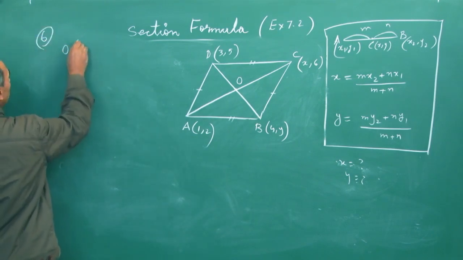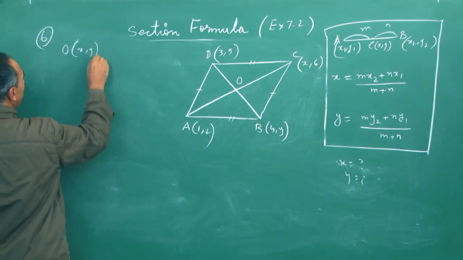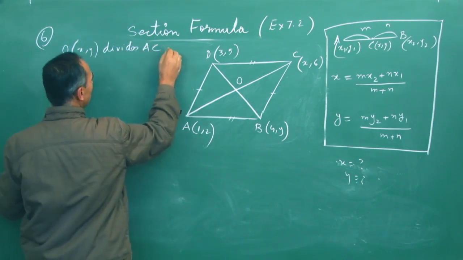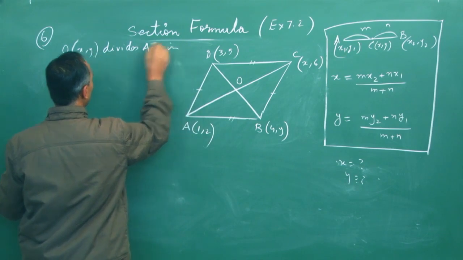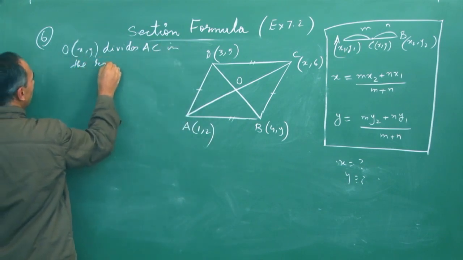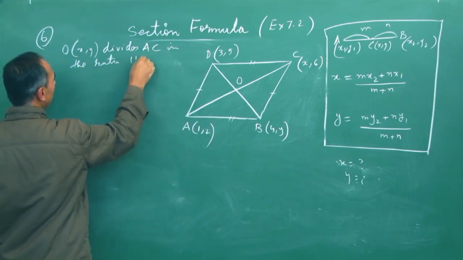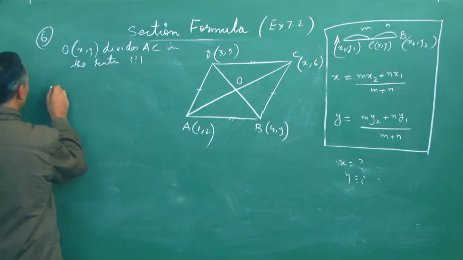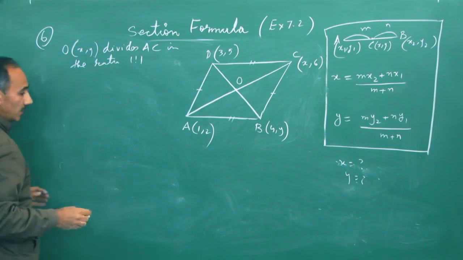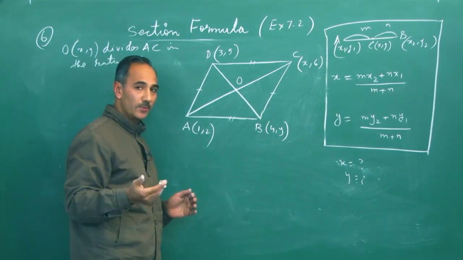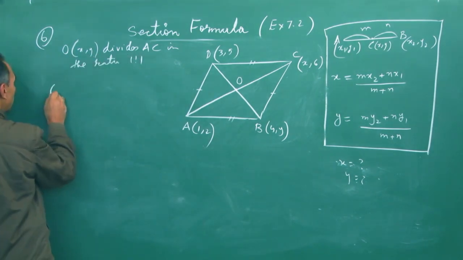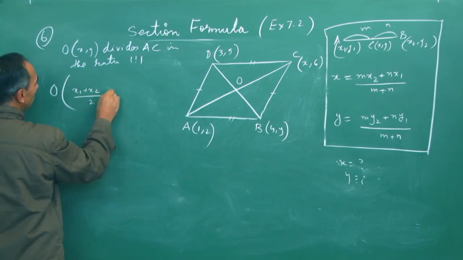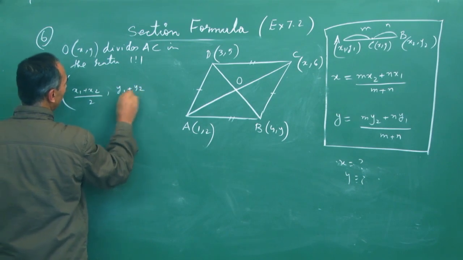So I say O x comma y divides AC in the ratio 1:1 because it is the midpoint of AC. So what are the coordinates of O? Just now we said the x coordinate of the midpoint is the sum of the x coordinates of the endpoints upon 2. So O is (x1 plus x2 upon 2, y1 plus y2 upon 2).